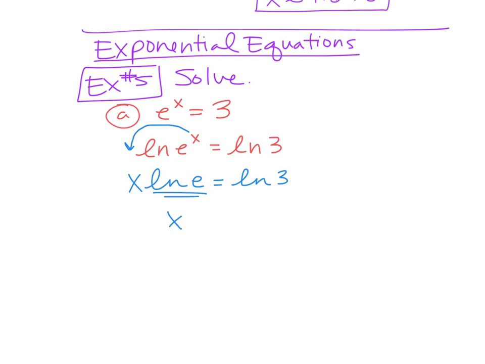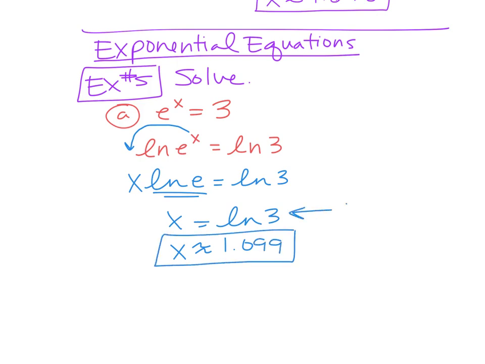So x equals the natural log of 3, and you just plug that into your calculator. Natural log of 3 is, to 3 decimal places, 1.099. Maybe make a note: you're just plugging it into your calculator. I feel like everyone wants to try to do something with that. Plug it in.